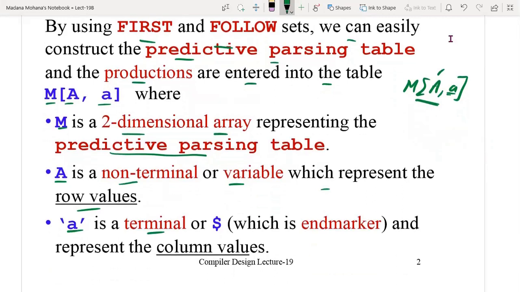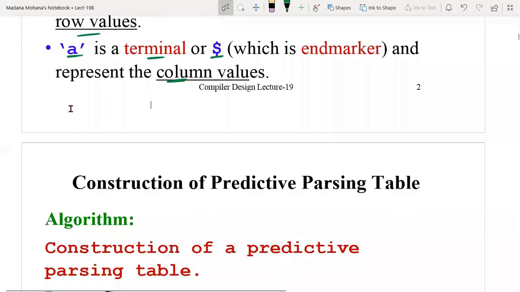We also use a dollar, which is the end marker, and represent the column values. Small a means any terminal in the given grammar, and dollar is additional. So these two represent the column values in the table. So these are all the representations of M of A comma a.